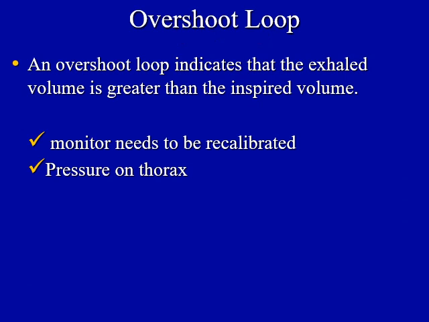Now we have learned what an open loop is. Now we shall look at the overshoot loop. An overshoot loop means the beginning point and the ending point are different, and the ending point overshoots the beginning point. An overshoot loop indicates that the exhaled volume is greater than the inspired volume.